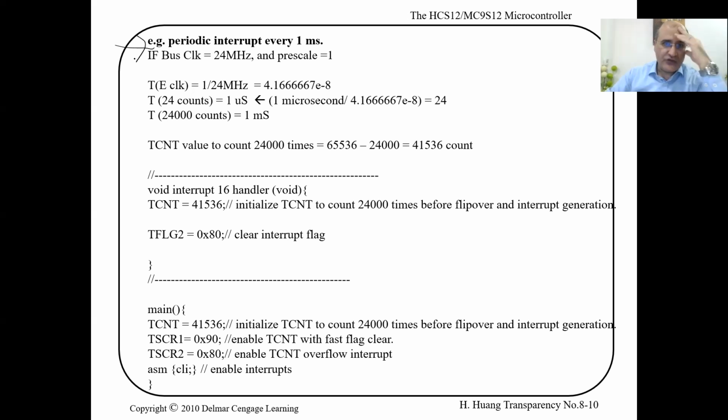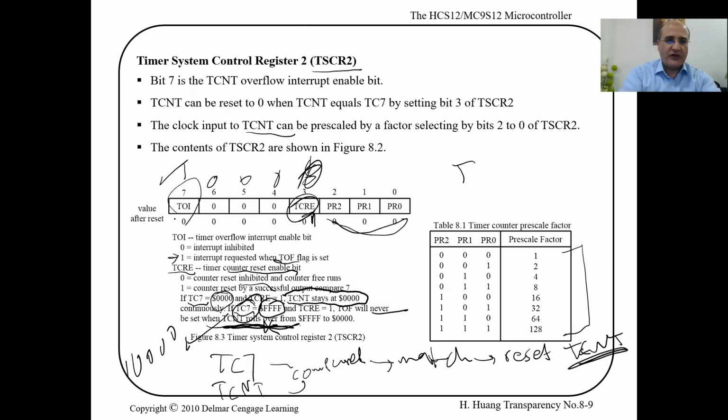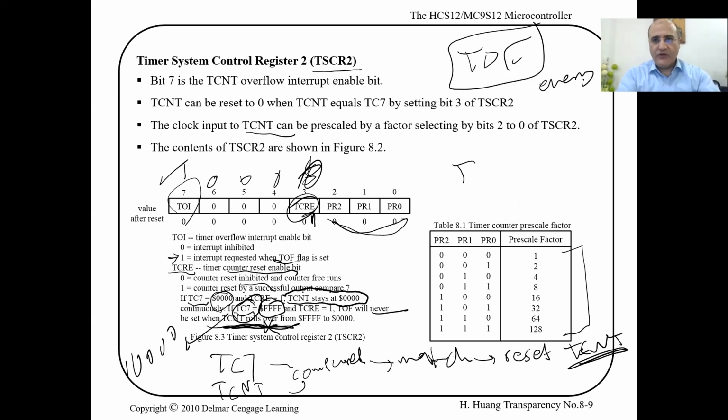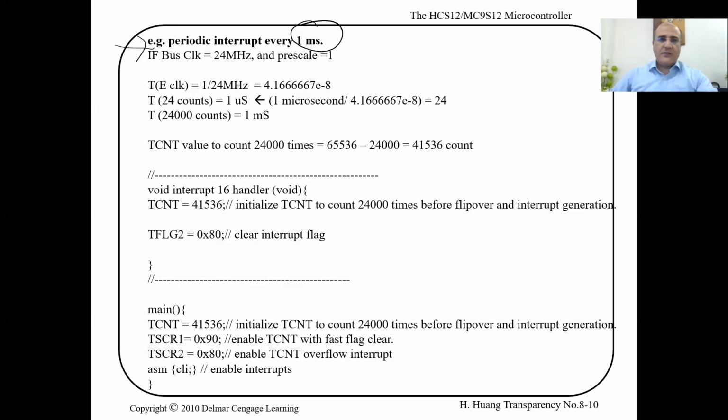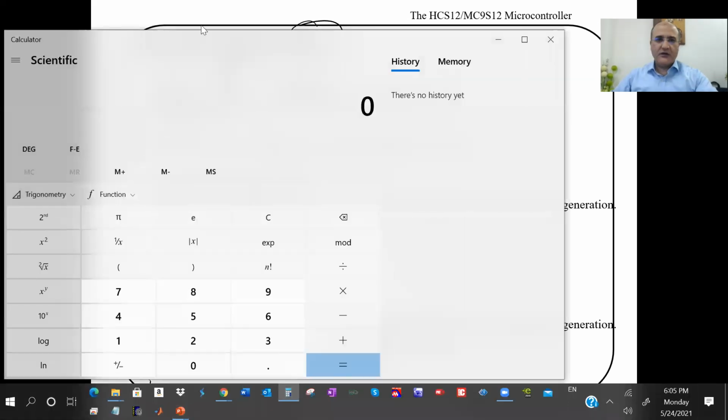So if we want to generate a 1 millisecond interrupt, we want this timer overflow to happen every 1 millisecond. And we have a 24 megahertz clock.